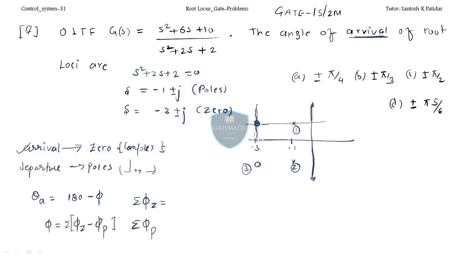So phi z is very simple. This is phi z and this angle is 90 degree. This is the line of whatever reference 0 is given. So the angle contributed by this zero is 90 degree. So phi z is 90 degree. Is it okay to you? If you have any doubt, you can watch lecture number 30.